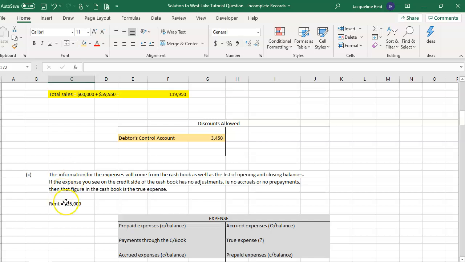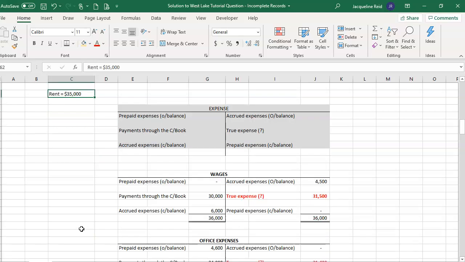Now, even though part C didn't ask you about the rent, it needs to be included in the trial balance because it is one of the expenses that were incurred during the year. So apart from the rent of 35,000, which you're going to put in as an expense, we're going to pick up wages of 31,500.